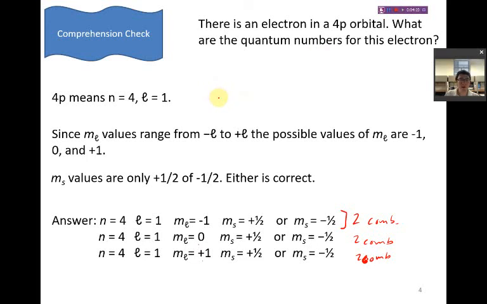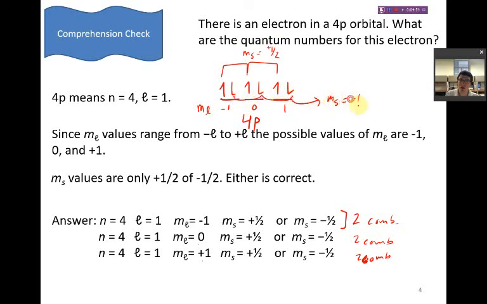When we write out the orbital diagram, it would commonly be written like this. These are our 4p orbitals, and we could talk about an electron in any one of those positions. We could have our M sub L value of -1, 0, or 1, and we could be talking about either the spin up or spin down scenarios.